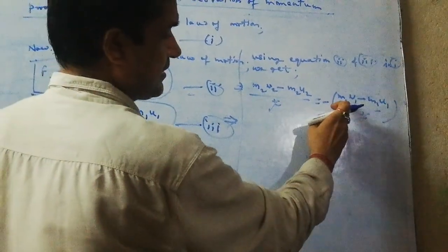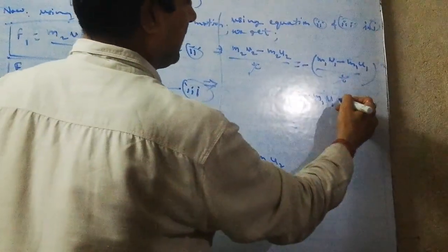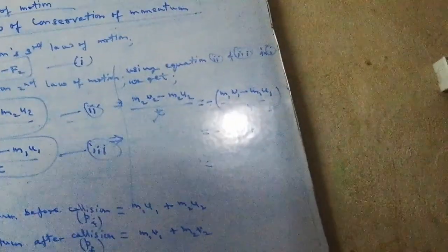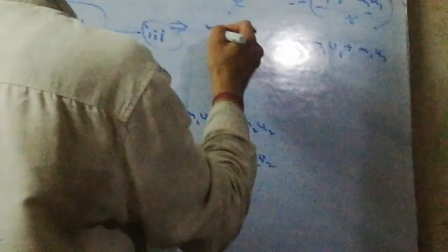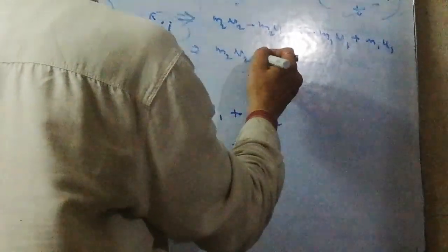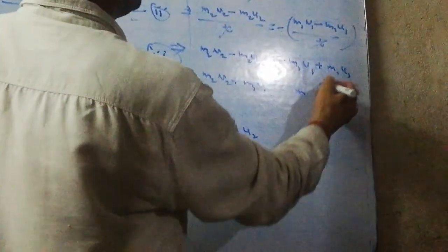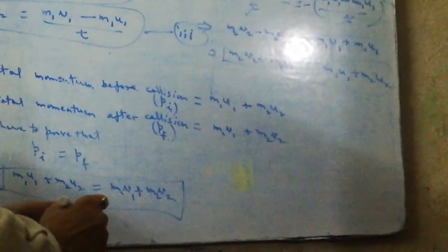Now we have to break the bracket with the minus sign, and then minus into minus is plus. So we get minus m1 v1 plus m1 u1, here m2 v2 minus m2 u2, and minus m1 v1 we bring to this side. So finally we are getting, now see what we are getting actually.